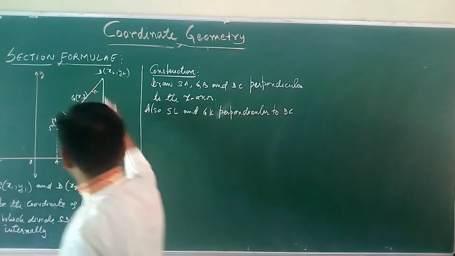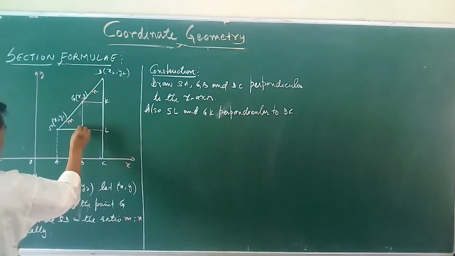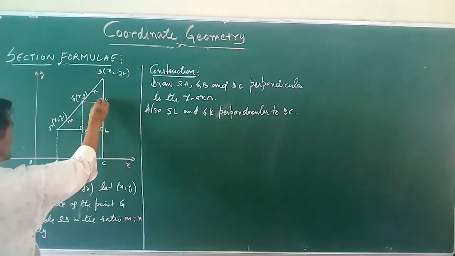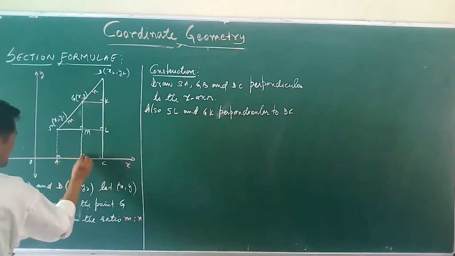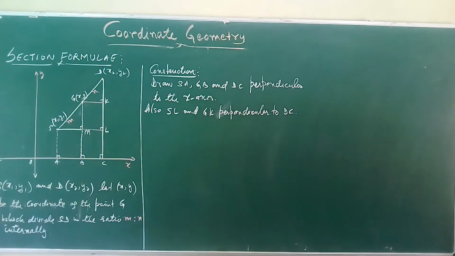DC is perpendicular, it is 90 degrees, this one is 90 degrees, this one is 90 degrees. Now we are going to write down their measurements.